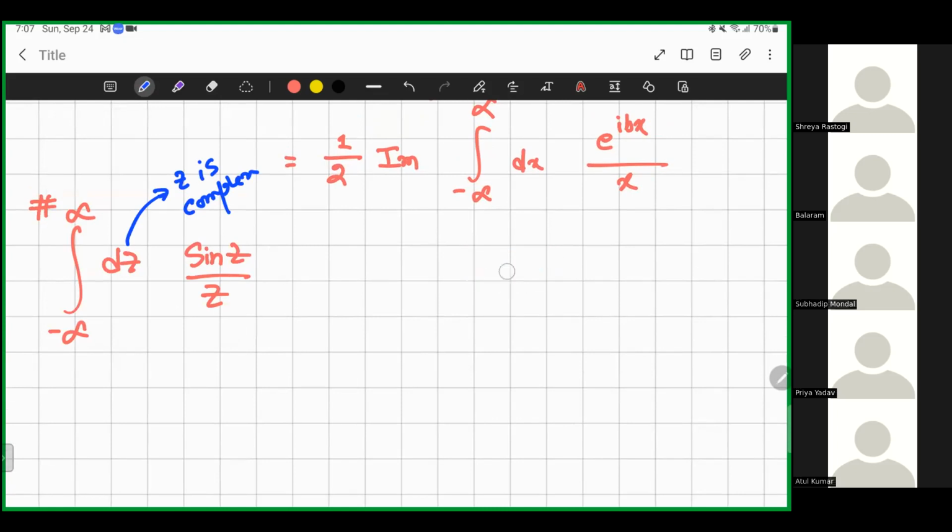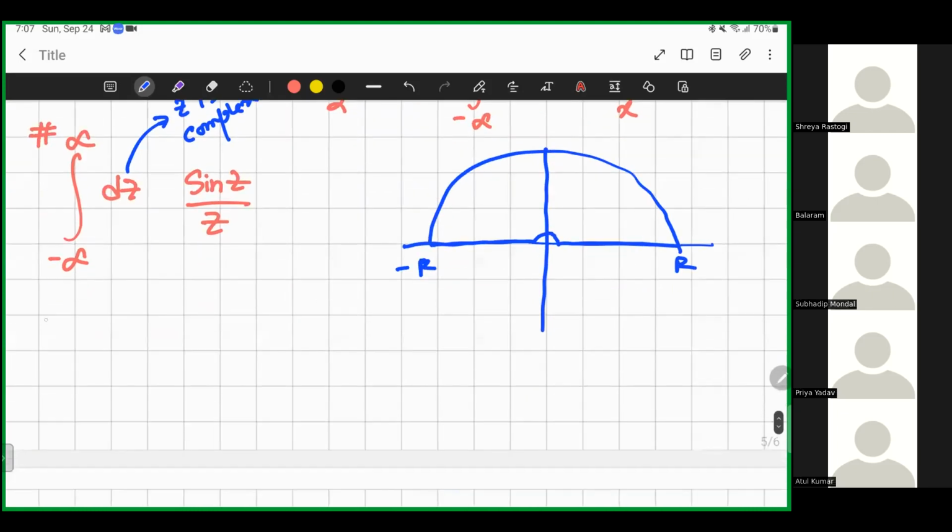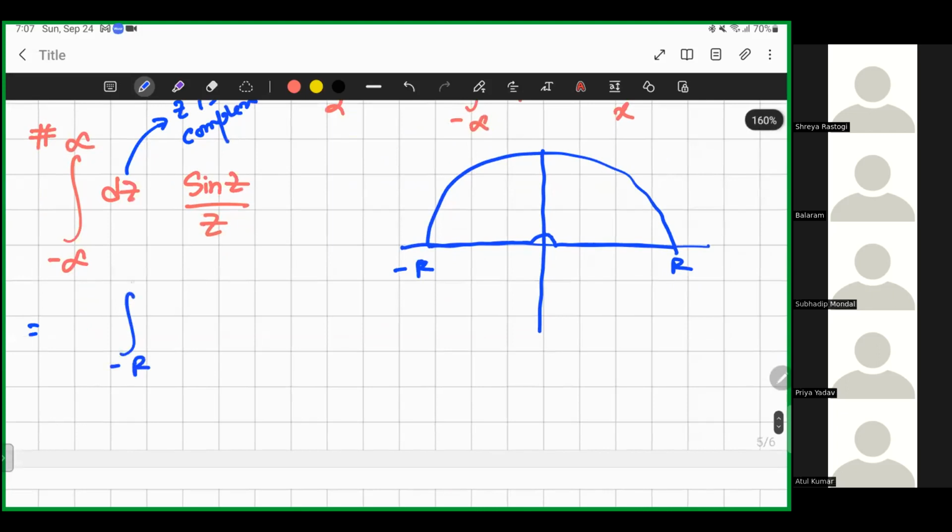So we can take it like this: in the z plane, we draw, then we can take a contour like this, from minus r to r. So we can write minus r to r dz sine z by z, limit r tends to infinity.